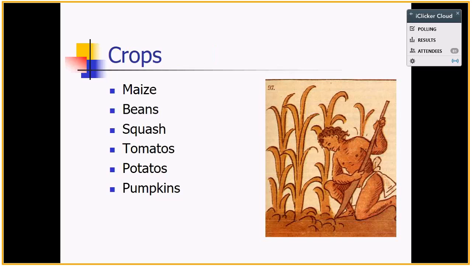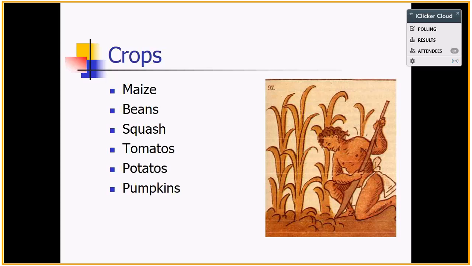Now, don't write these down, don't memorize this, but understand what these particular plants do. They grow primarily in warmer climates. So the southern part of what becomes the United States, the eastern part, the western coasts where the climate is more temperate. And then they provide a great deal of protein.